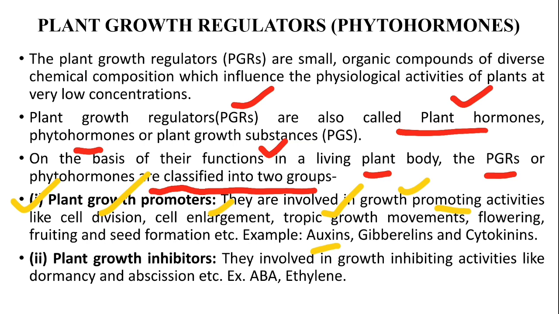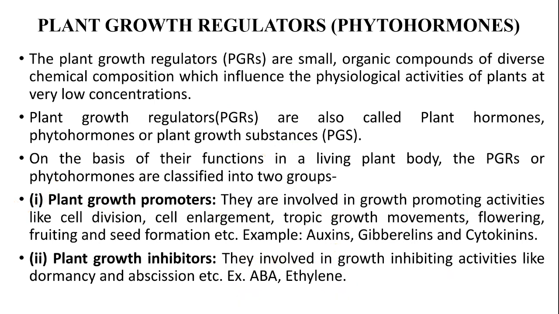Then plant growth inhibitors affect the plant adversely. They are involved in growth inhibiting activities like dormancy and abscission. For example, abscisic acid and ethylene are the examples of plant growth inhibitors.